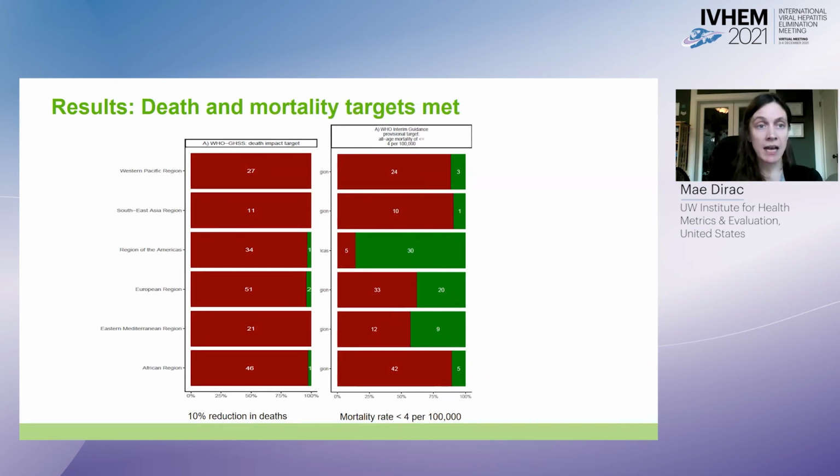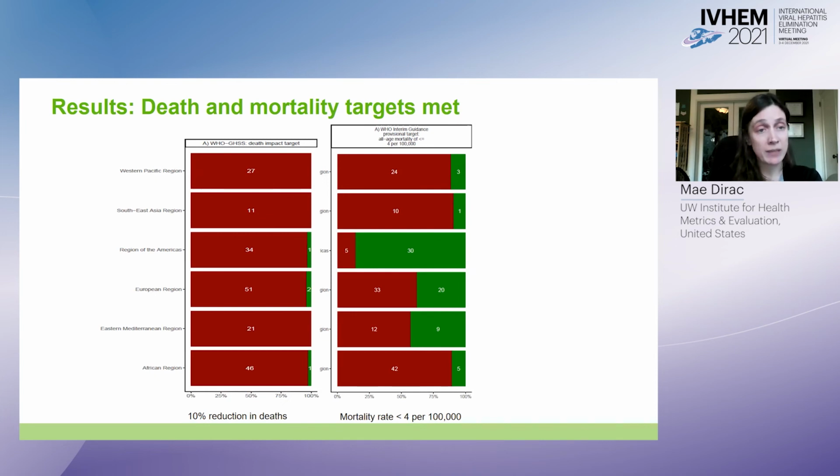Here, I'm looking at the two different mortality targets that we described on an earlier slide. The death impact target of a reduction of 10% in deaths between 2015 and 2020.